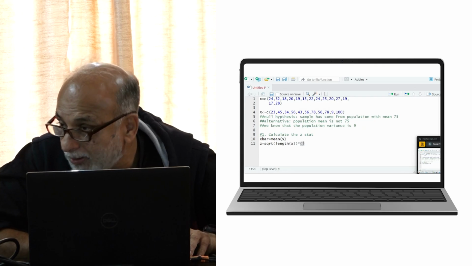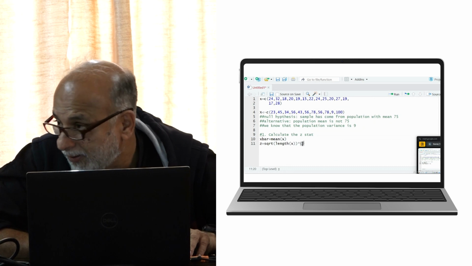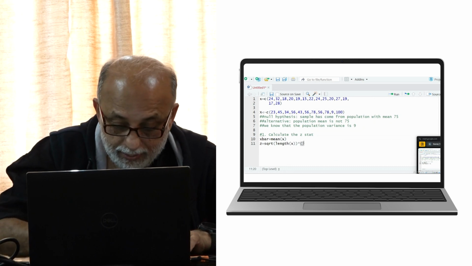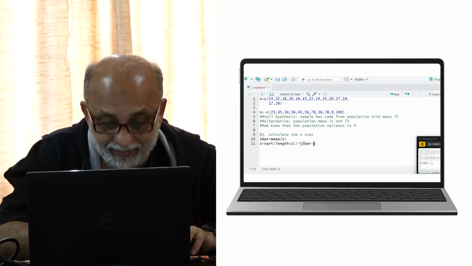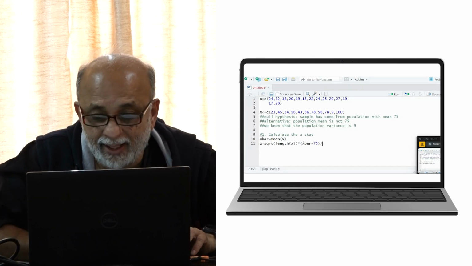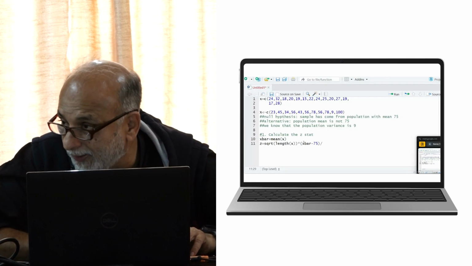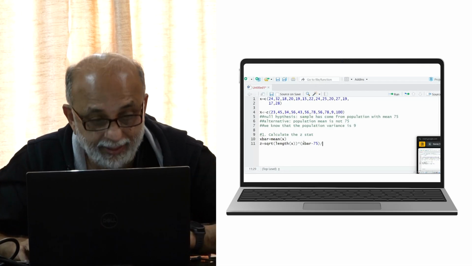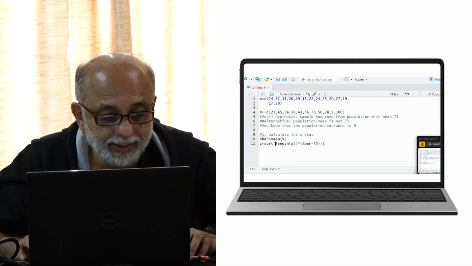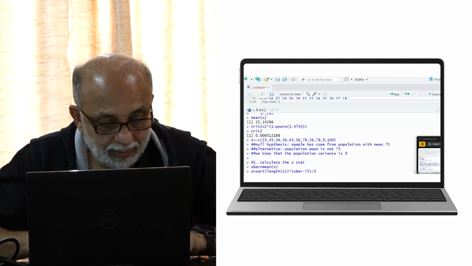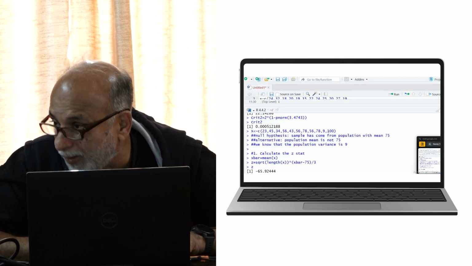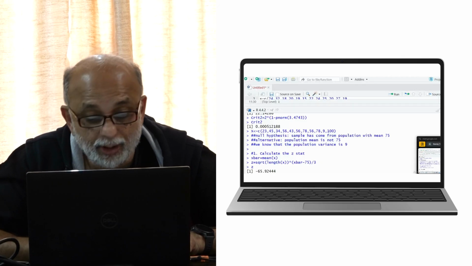Length x will give you n. x bar minus 75, divided by square root of the variance 3. So what is z?